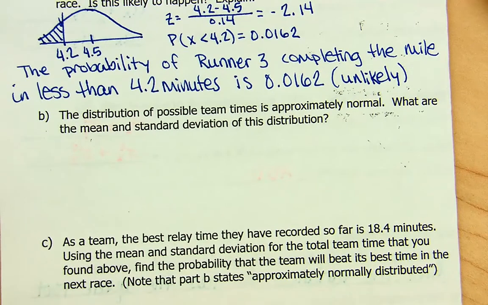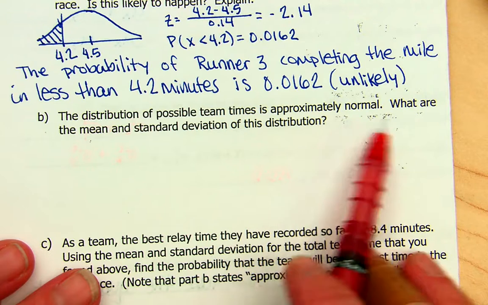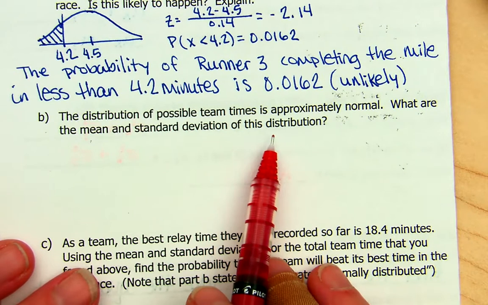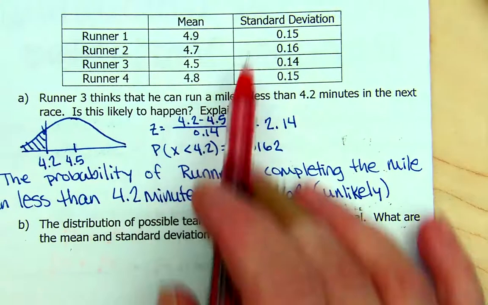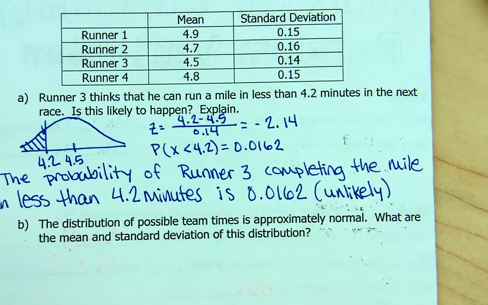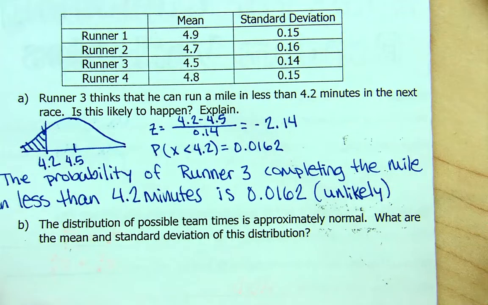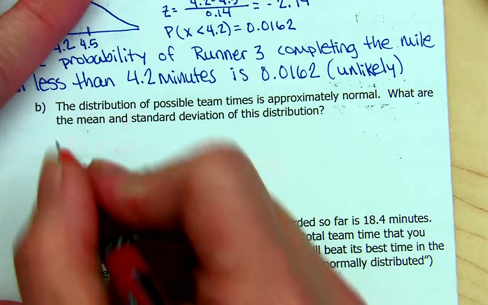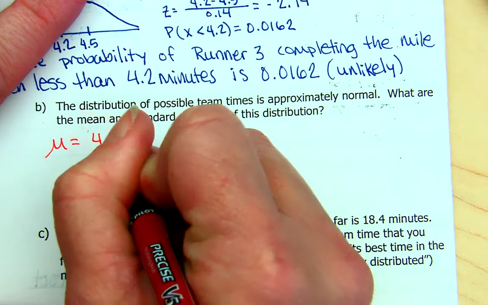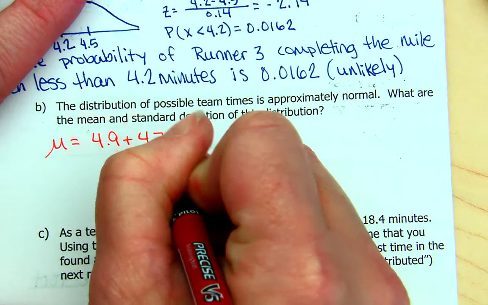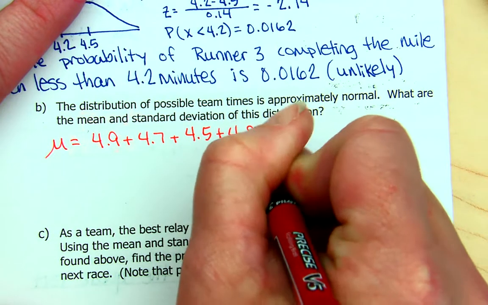Okay, so part B says the distribution of possible team times is approximately normal. What are the mean and standard deviation of this distribution? So now instead of individual runners, we're looking at the entire team combined. So if we want to know the mean for the entire team, we just have to add together the means for each runner. And we want to show that's what we're doing. So we'll show that it's 4.9 plus 4.7 plus 4.5 plus 4.8.